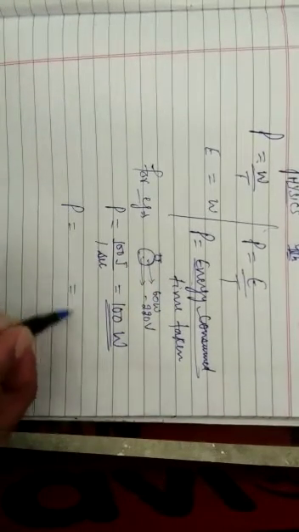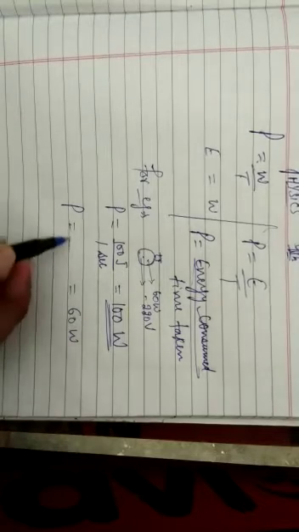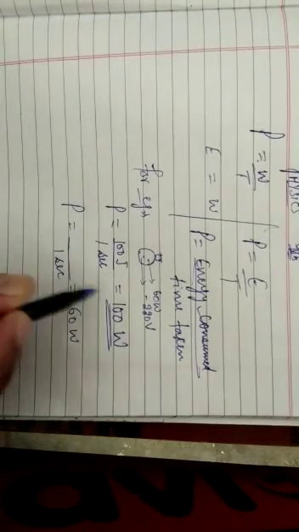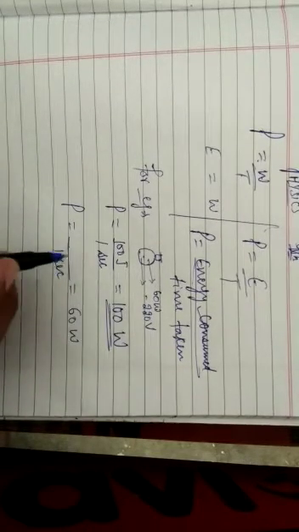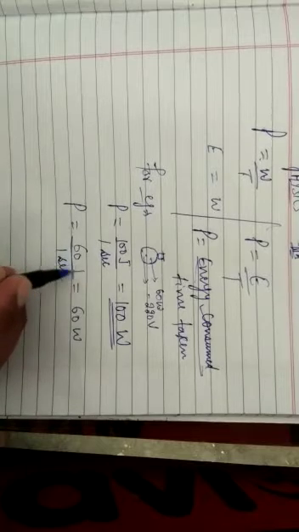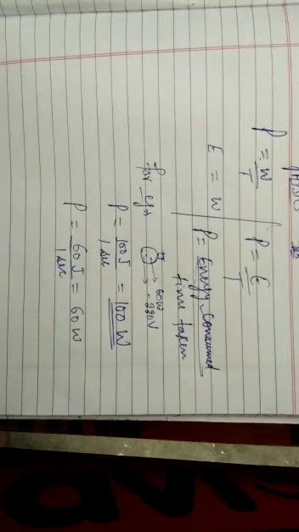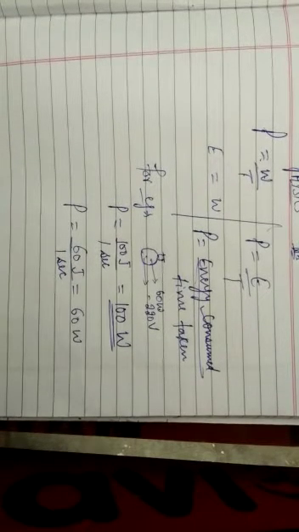But this 60 watt means if you use this bulb for 1 second, it will consume 60 joules of energy. Then the power will come out to be 60 watt.